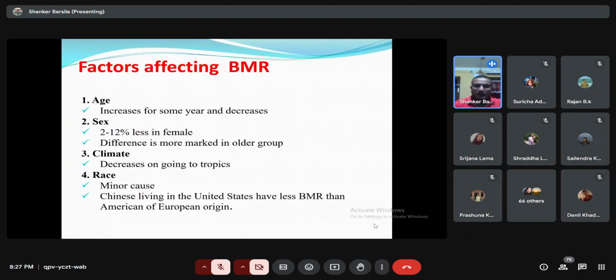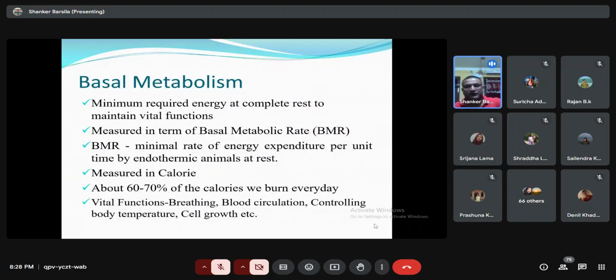The other vital body functions may be breathing, blood circulation, controlling body temperature, and thirst, which will be more in summer. So basal metabolism increases on hot summer days, and also for cell growth. They all come under basal metabolism.